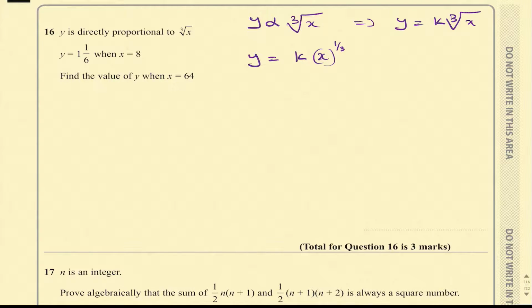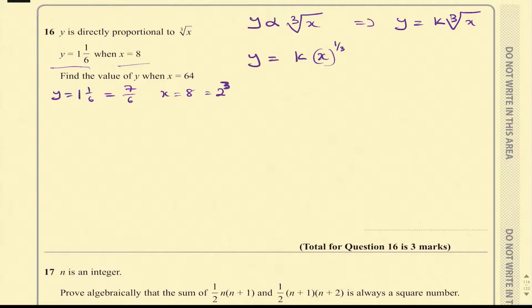The reason we were given y and x values is to find k. So to find k, y is 1 1/6, which is 6 times 1 plus 1, 7 over 6, and x is 8. 8 is 2 to the power 3.